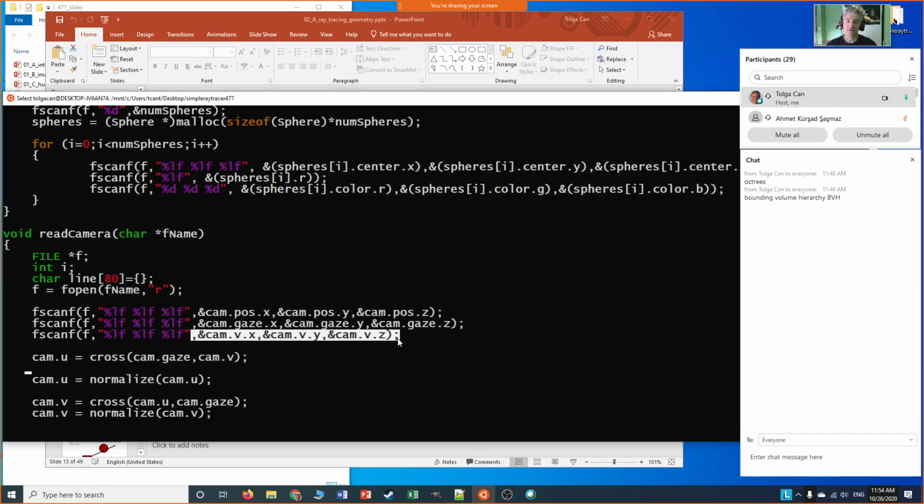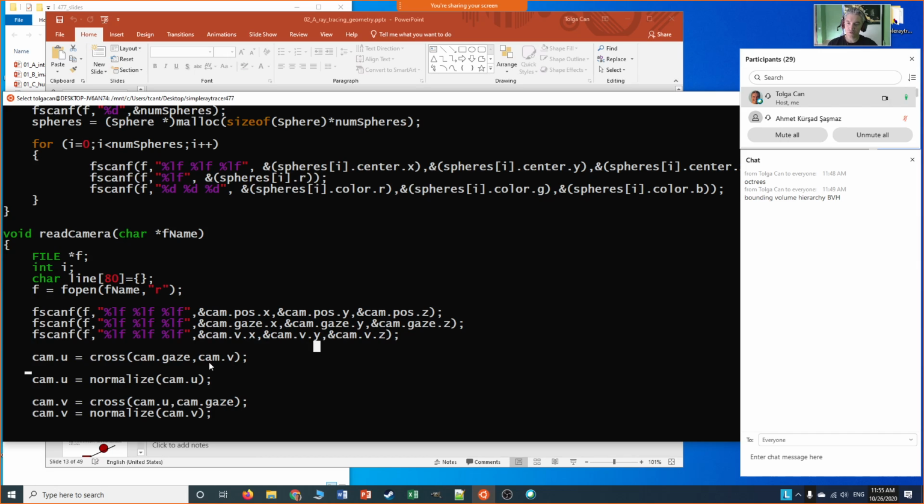Even if you change gaze down or up, if for this up vector you just give 0, 1, 0, it means it's not tilted left and right. The YZ plane is always going to be up in the real world. Your horizontal pixels are going to be parallel to the x-axis. This is what it means.